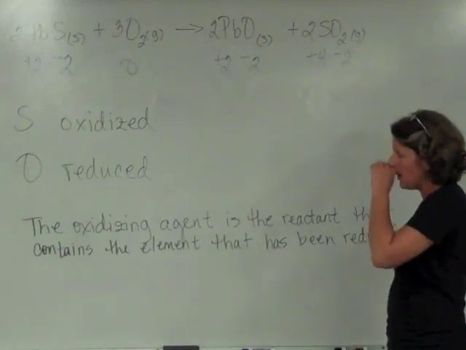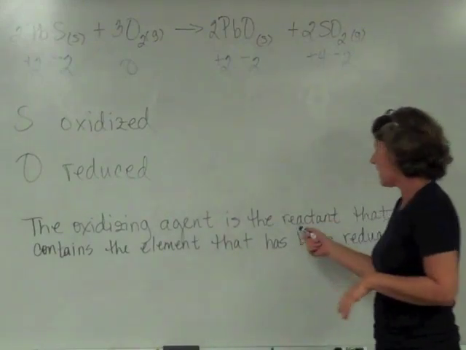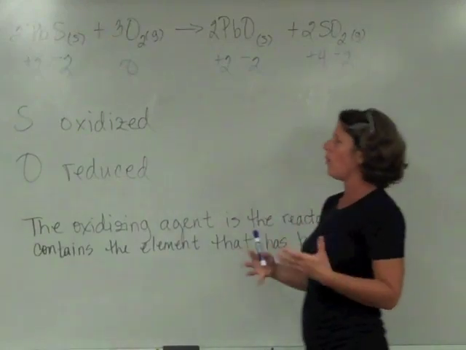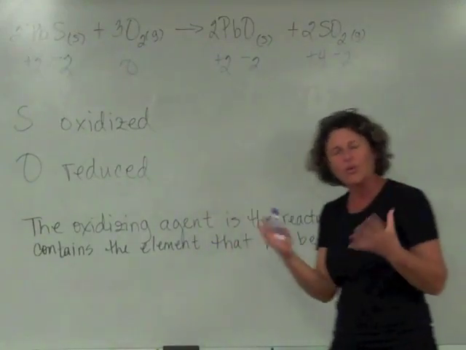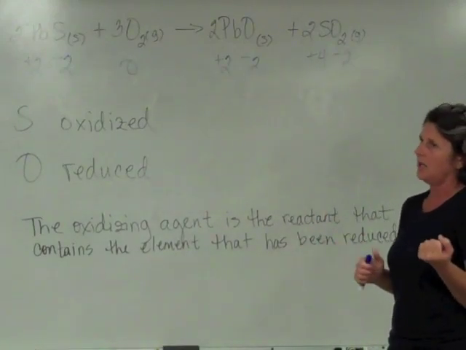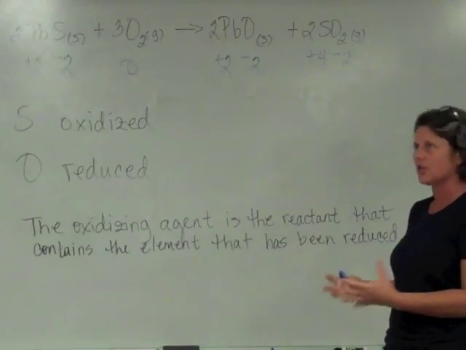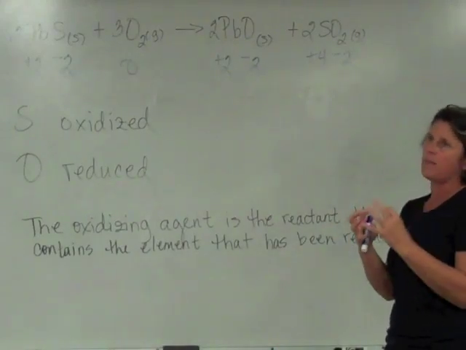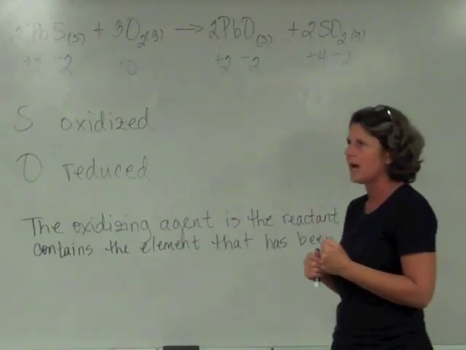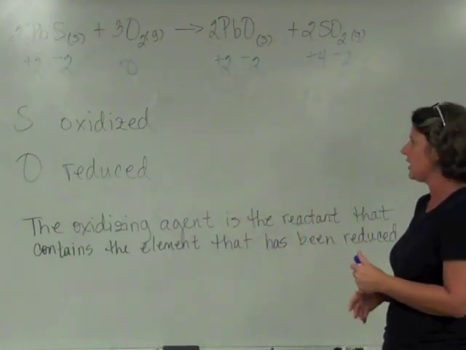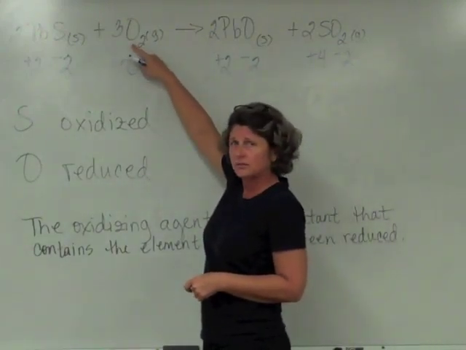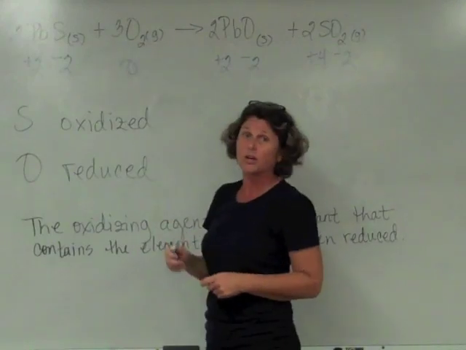Now notice, it says the reactant, so it's going to be the whole thing. Agents are the whole compound. We don't just say a single element is an agent. We say whatever compound it's a part of, or whatever it appears as a reactant, that whole thing is the agent. And so oxygen here as a reactant is actually O2.